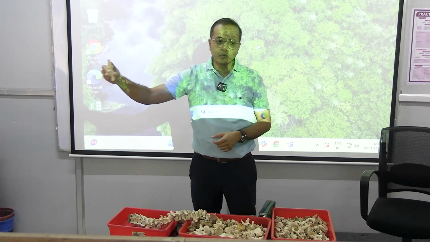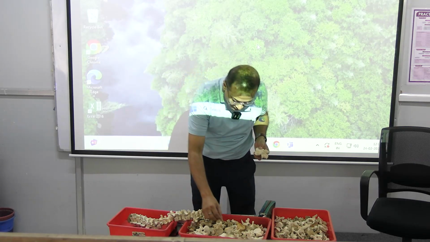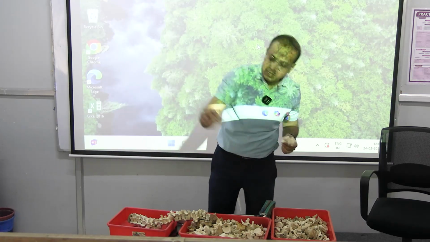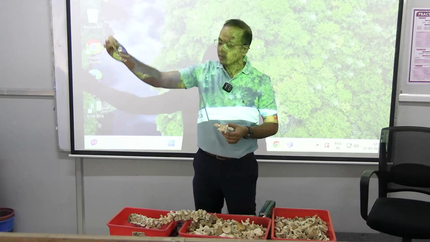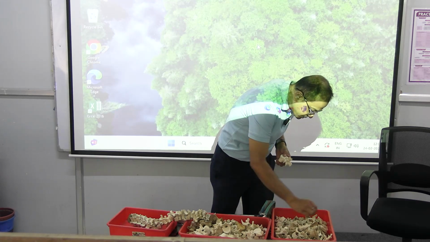So this particular part, we have this robust body, which is different from the rest. This is a thoracic segment, you see the body size, and this is a cervical region.